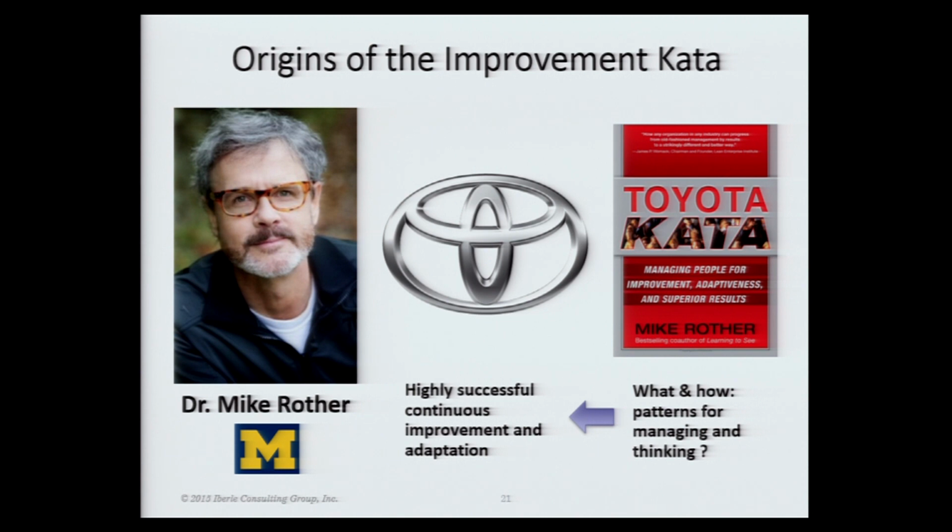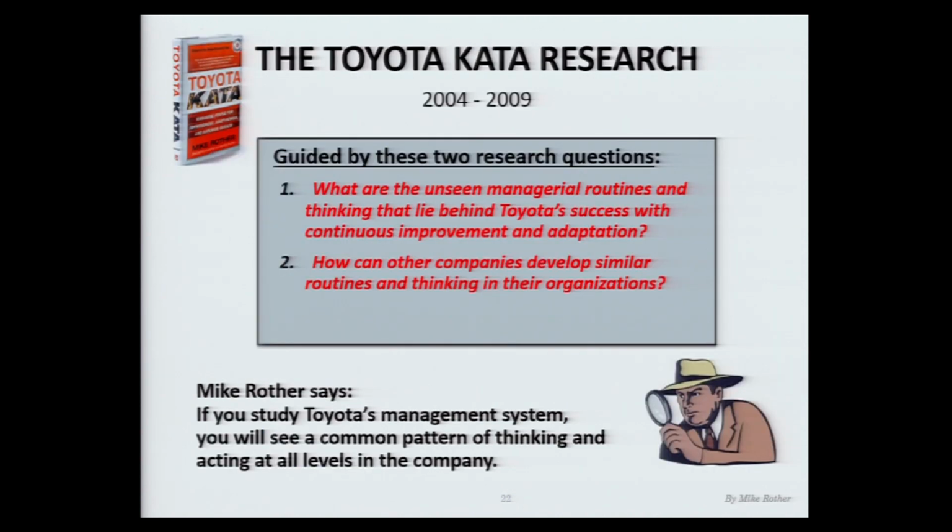So he spent 5 or 6 years, probably with a bunch of graduate students, learning about what was going on at Toyota. And his questions were really around what were people thinking, what were they saying, what were they doing? And he didn't go in and find, oh, Toyota has this method, call it improvement kata. Toyota didn't have any name for this. They just thought of it as the way they did things.